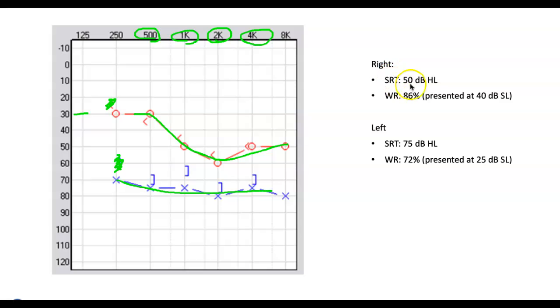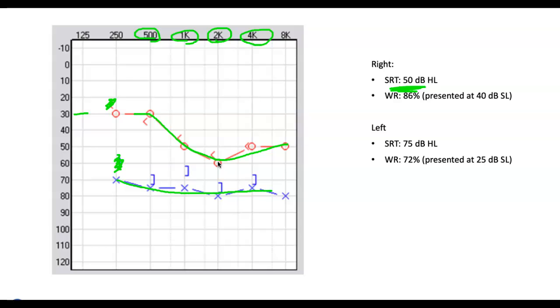Okay. Then you want to look at, well, the SRT is 50 here. So 30 plus 50 is 80 plus 60. You could do the math. Actually, let me break out my calculator and do the math because I don't want to mess it up. So let's do the right ear.